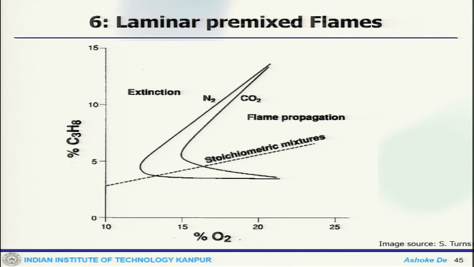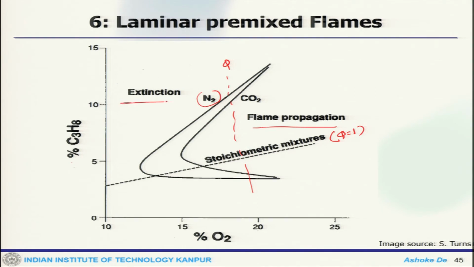You can see this is your nitrogen formation curve, which goes like this with the percentage of oxygen, and this is your stoichiometric mixture, meaning phi 1 condition. This is your CO2 formation, and how that behaves. So, along this plane there is a variation of phi, and that is why the species will go like that.